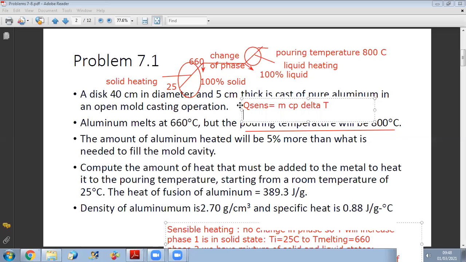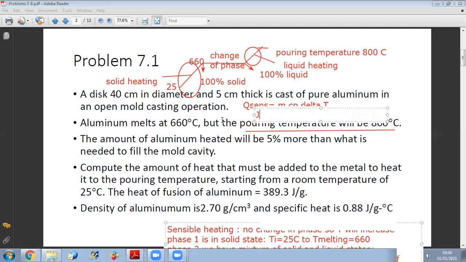Okay, so here the mass is already calculated. I replace it. The specific heat is given, and pay attention to your units. The unit of specific heat is 0.88 joule per gram degree.